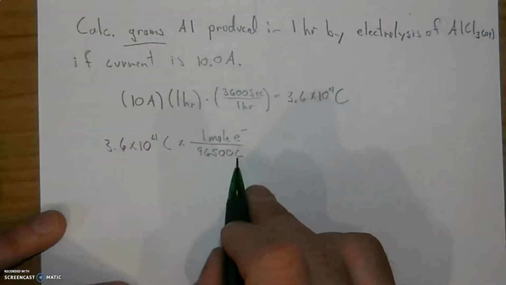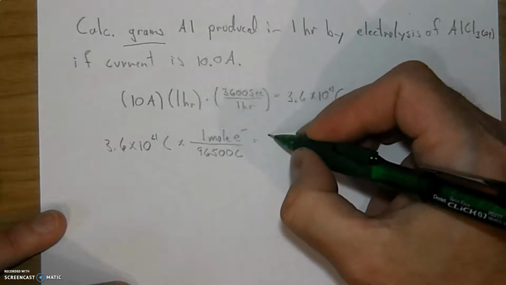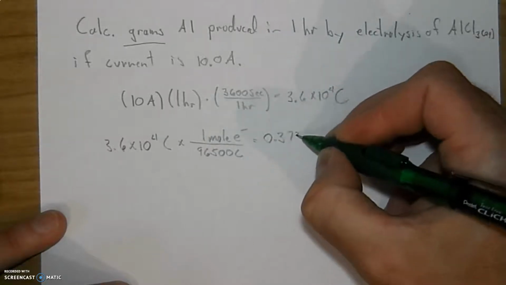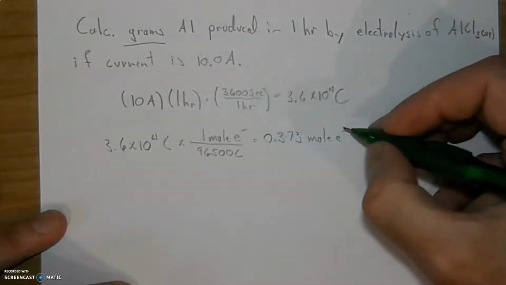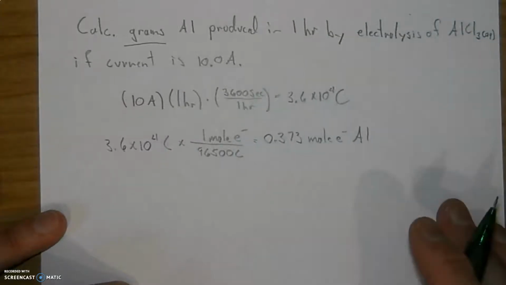This is the charge on a mole of electrons. Doing that, I have 0.373 mole of electrons that I'm going to be applying over to aluminum. These are the electrons that aluminum is going to be taking in.